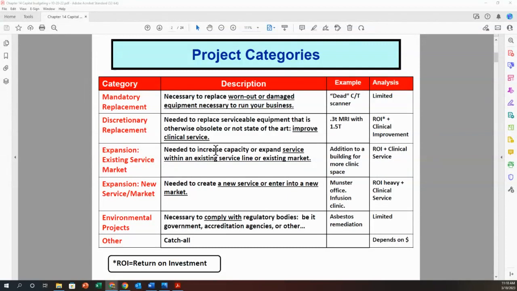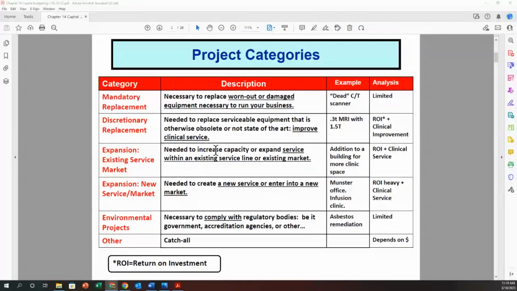If you're expanding into a new service or a new market, you're going to want to do a little bit more analysis because there's a lot more uncertainty with respect to that. So, we expanded into Northwest Indiana.